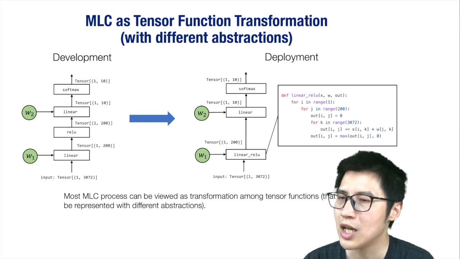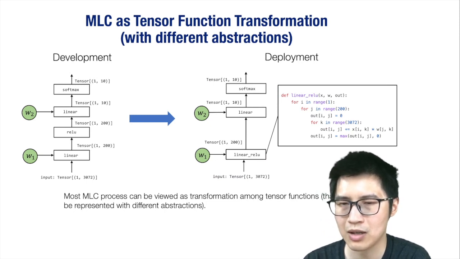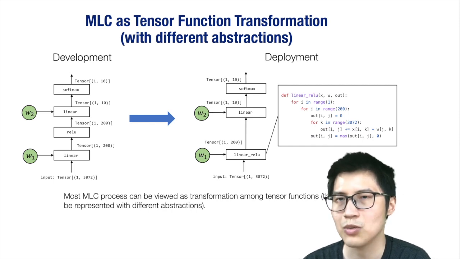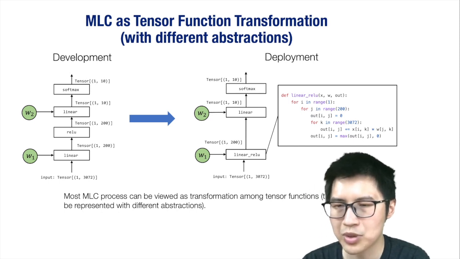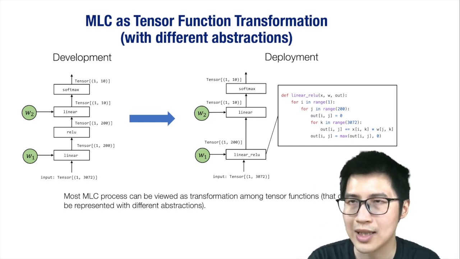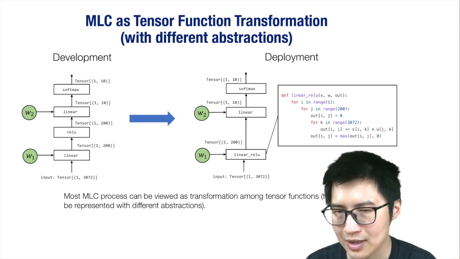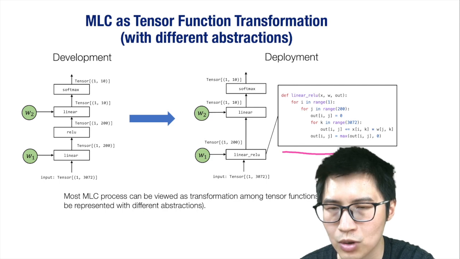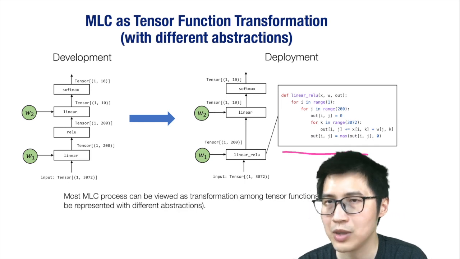And usually, a machine learning compilation process can be viewed as a transformation among tensor functions. We start with a tensor function in the development form, and then we gradually transform it onto another tensor function that represents more detailed information, such as how I might want to compute the for loop, and so on. And usually that can also come in different forms of abstractions.